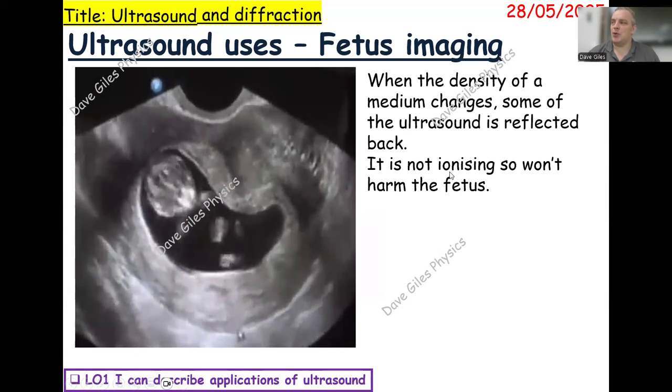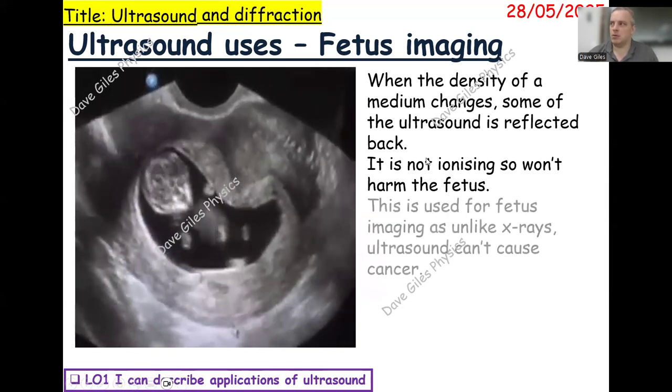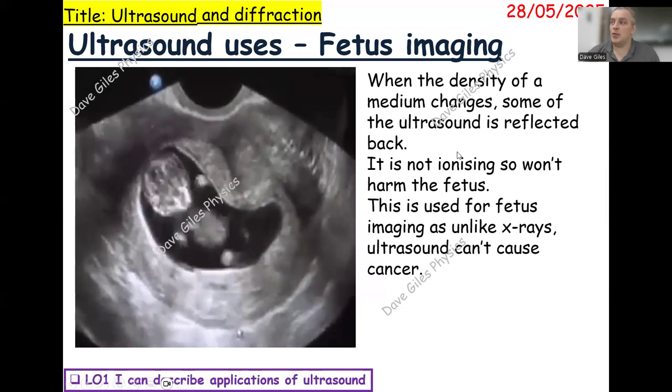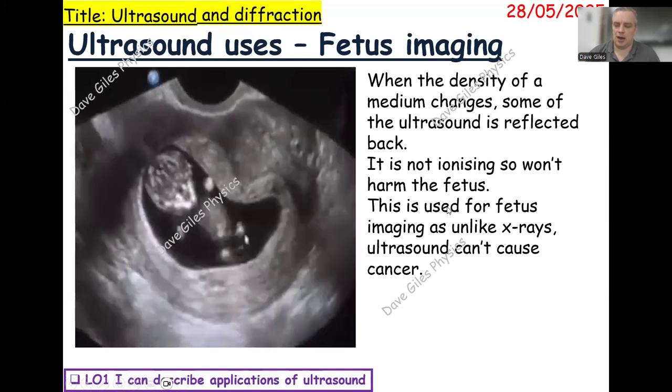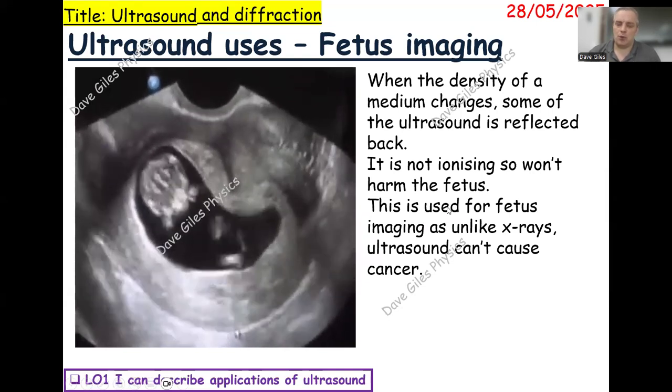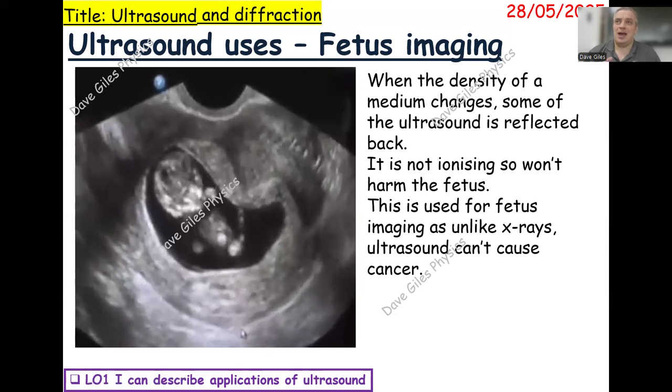It is not ionizing, so it won't harm the fetus. This is used for fetus imaging because, unlike X-rays, ultrasound can't cause cancer, as it's not ionizing. It's normal for an adult to have X-rays.